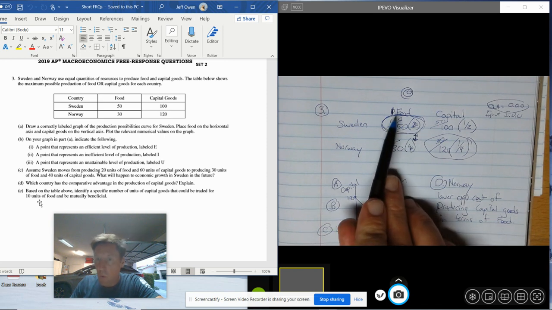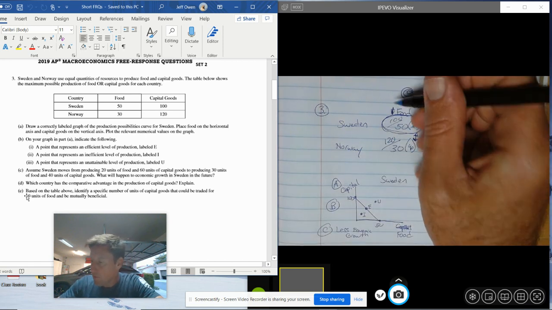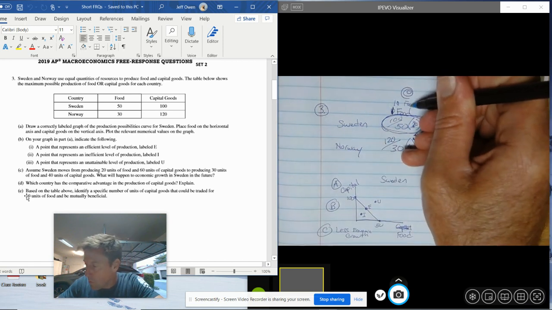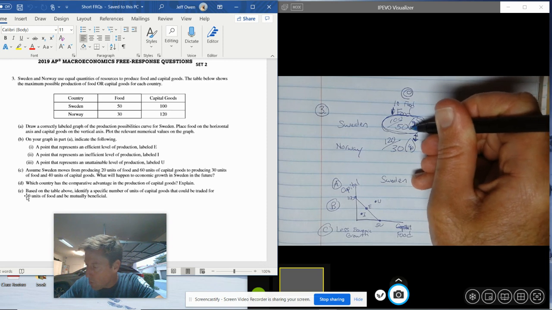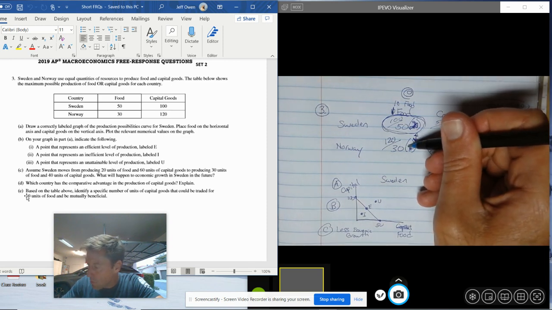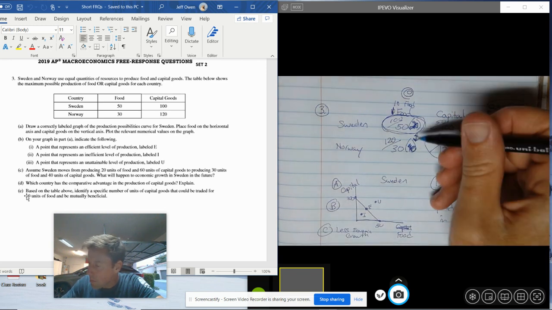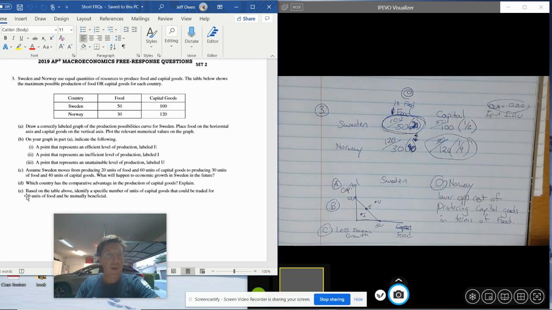And since we need to work with 10, let's just multiply this by 10. So if we multiply this by 10 units of food, this becomes an opportunity cost of 20 capital goods. This becomes an opportunity cost of 40 capital goods. So any number now between 20 and 40, they're both going to be happy, and the world is a safer place for children.